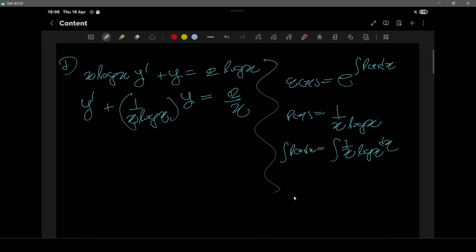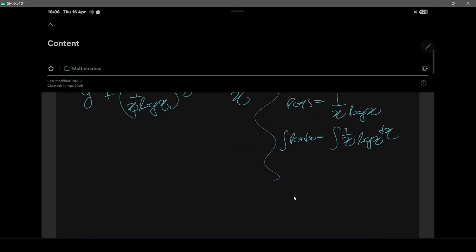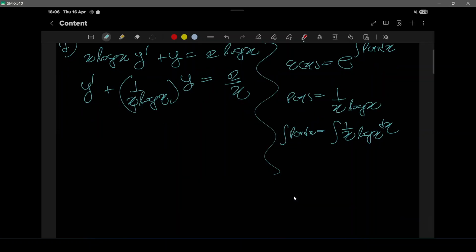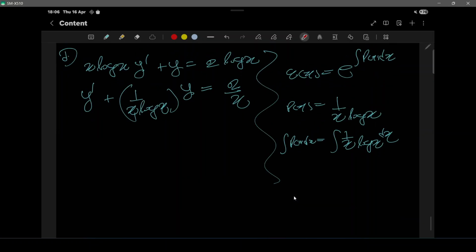If you have confusion, they are given as log here. But in calculus, if they do not explicitly say that this is another base, the creator of the problem is normally expecting this to be base e.